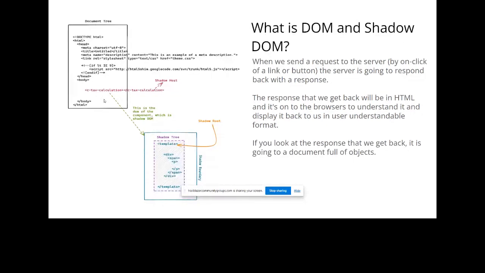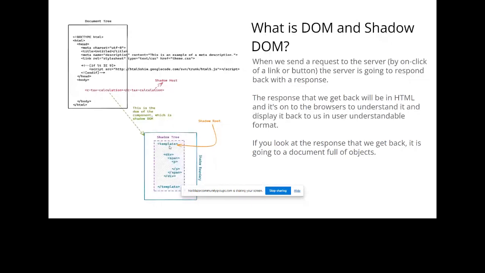As Hamza must have described in the first session, when you declare all of your HTML under a template tag in an LWC component, the template tag itself is called the shadow root, and everything beside it is under the shadow tree. There can be this template tag, some other child components, and anything like that.